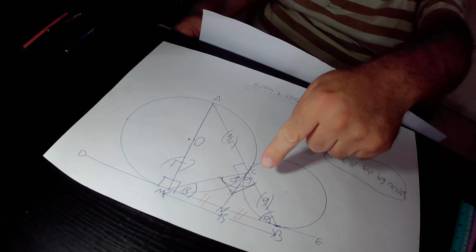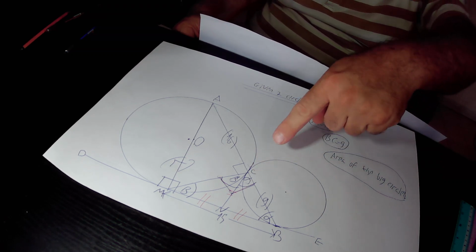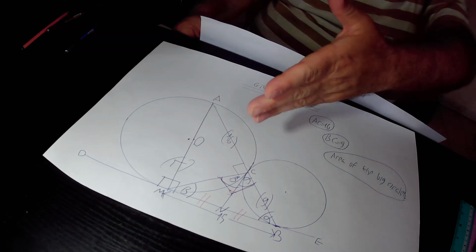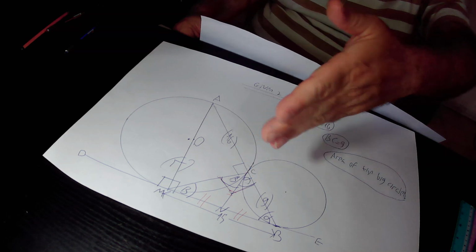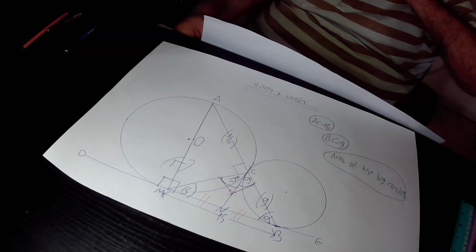NC is a tangent to this small circle at point C, and NC is also a tangent to this big circle at the same point C. So NC is a common tangent that belongs to both circles.